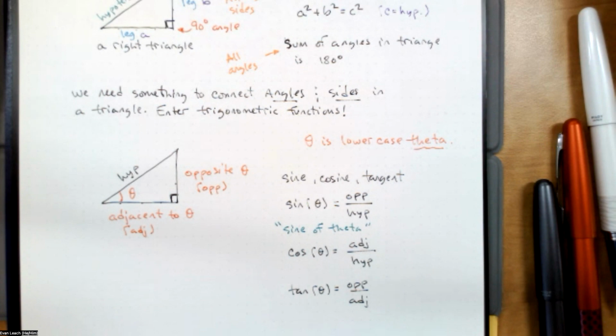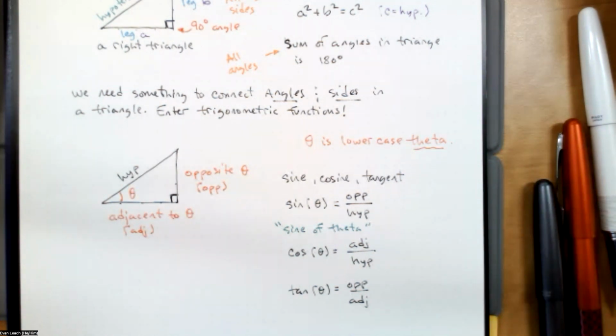The important thing to remember is that this only applies to right triangles. It's obviously only applying to right triangles for sine and cosine because we use the word hypotenuse. We can't have a hypotenuse without a right angle. But since we're saying things like opposite and adjacent, this right triangle thing still applies to tangent.